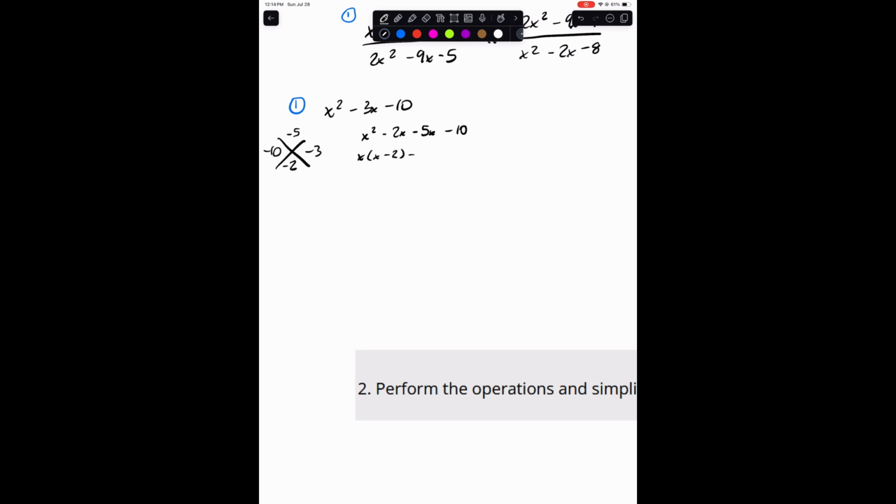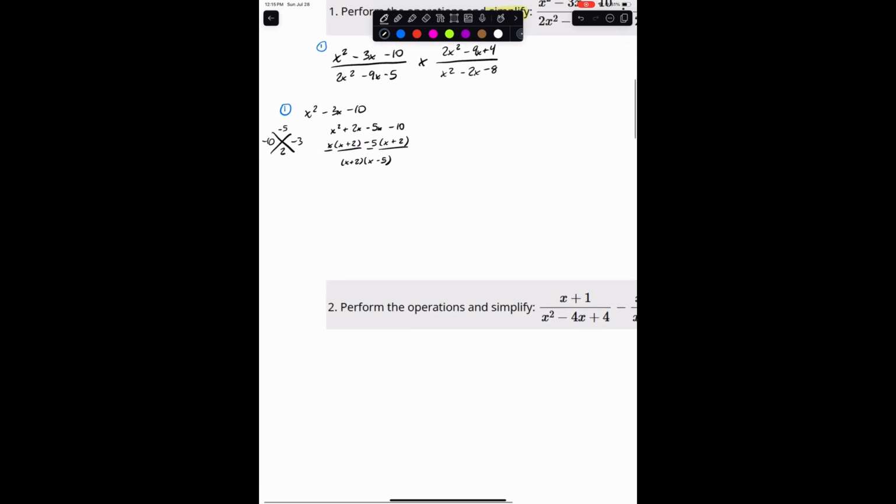Take out negative 5 from the right side, we get x plus 2. Common factor, take it out, and we add the rest. So that's our numerator.